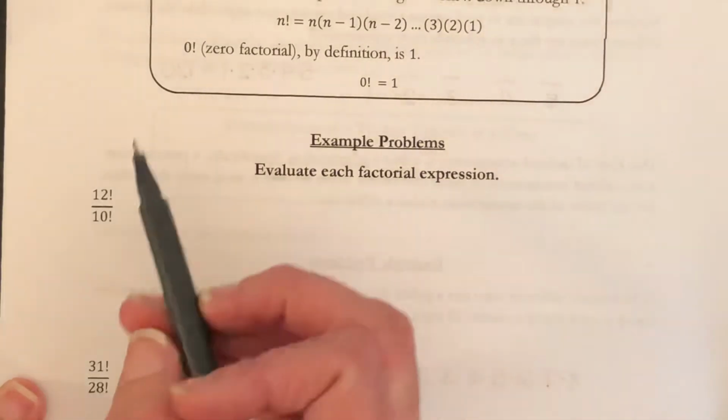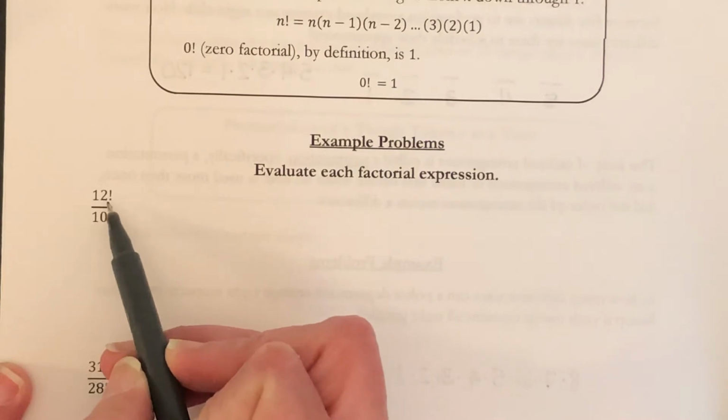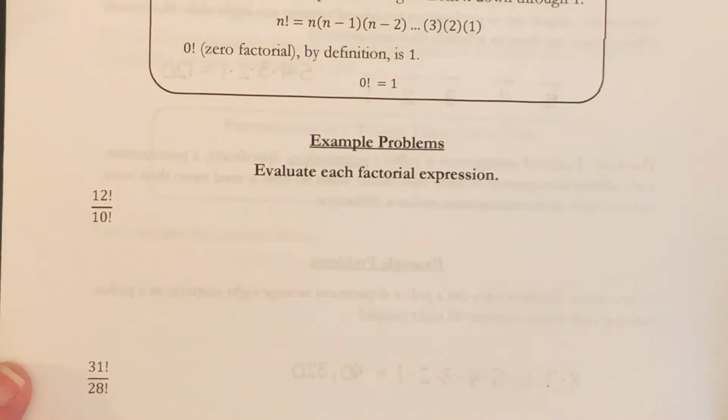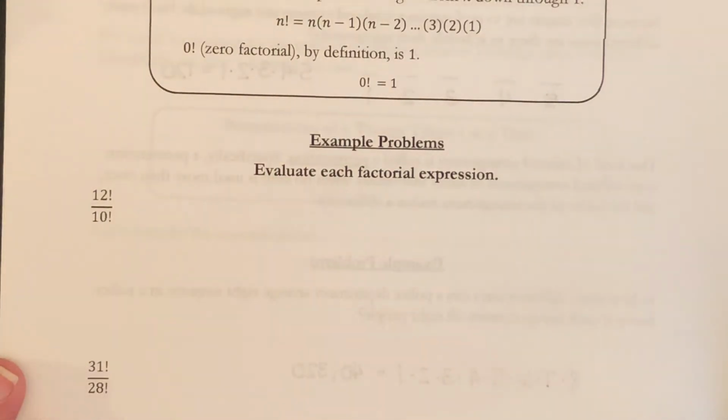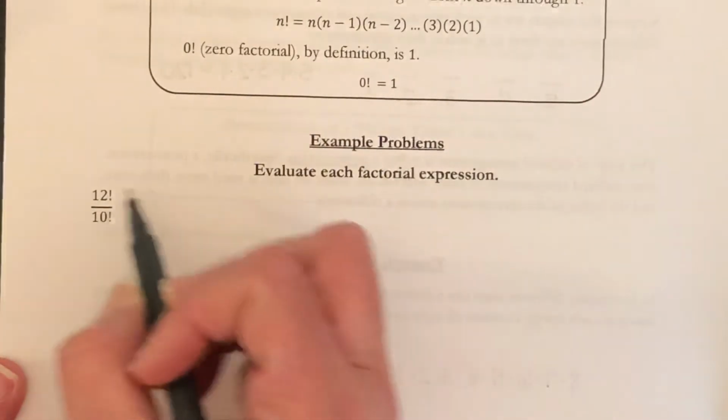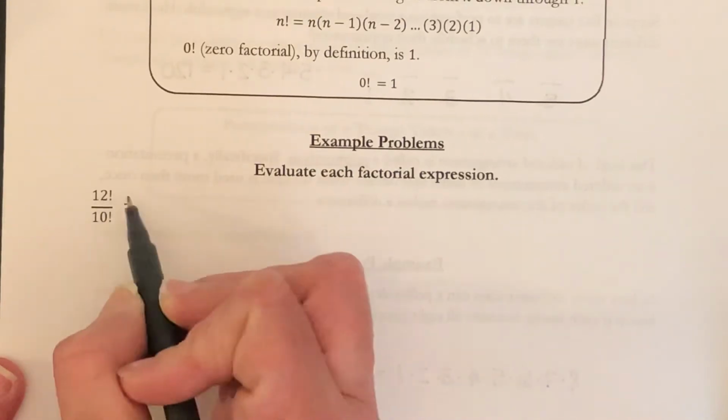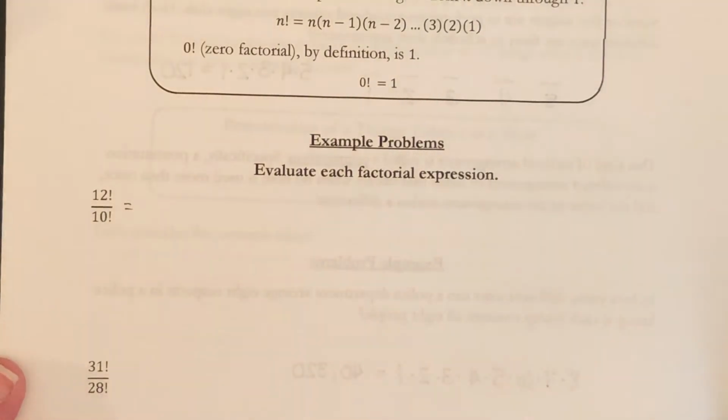Okay. So 12 factorial means 12 times 11 times 10, so on, all the way down. 10 factorial is 10 times 9, and so on. Now, what I'm going to do here is start listing things to multiply out. And the thing is, we can stop at any point and just say, and so on.